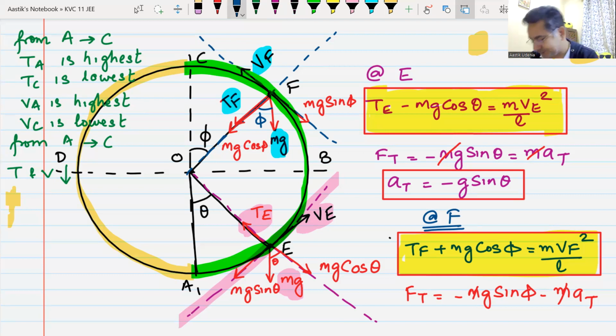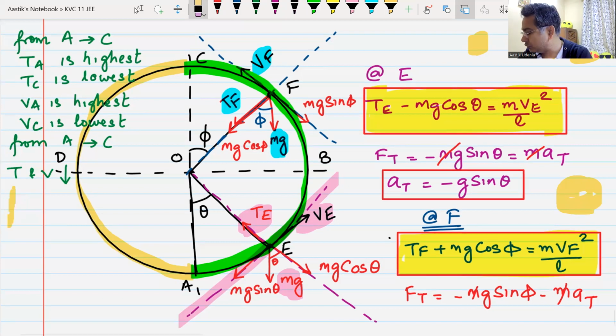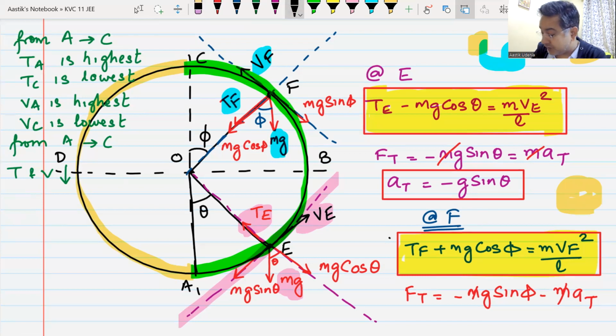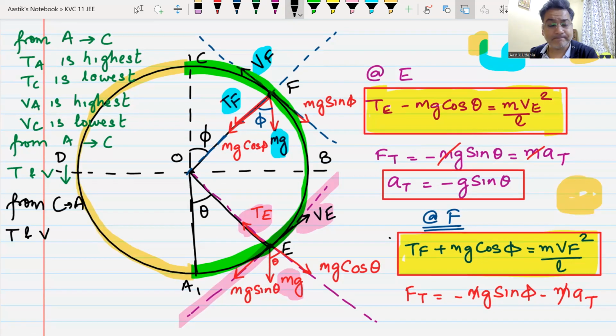From C to A, top to bottom, will tension and velocity both decrease or increase? Both will increase. From C to A, both the tension and velocity will increase.